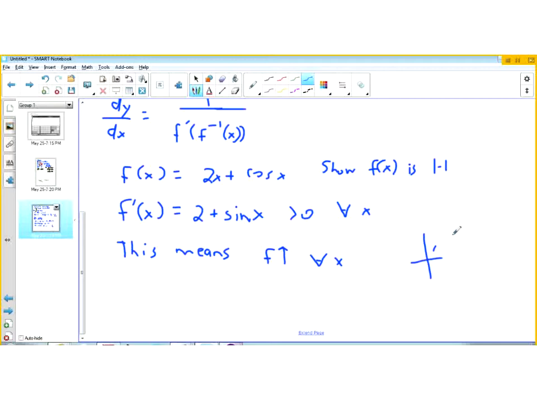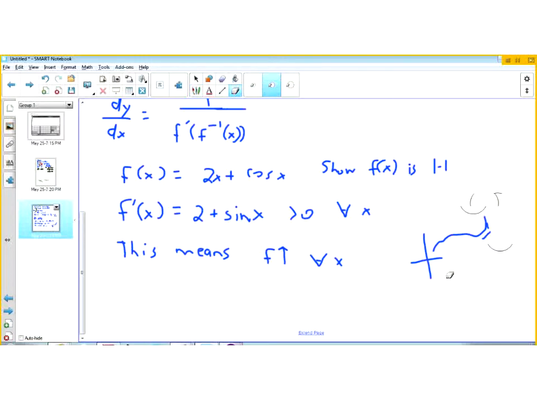If you remember, if you have a function that always has positive slopes for tangent lines, then it has to be an increasing function. If the derivative of a function is always greater than 0, then the function itself is an increasing function.